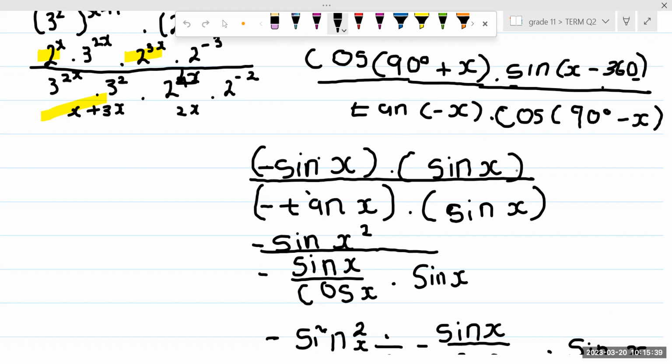Open bracket, multiply minus open bracket x minus 360 over 10, open bracket minus x plus open bracket minus x. So multiply the equation to our side.